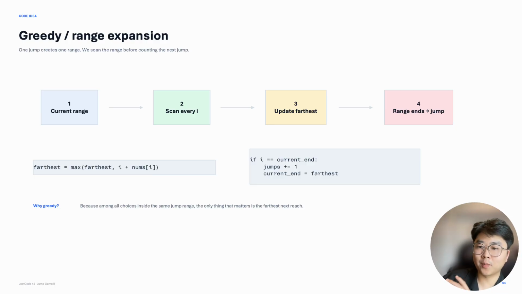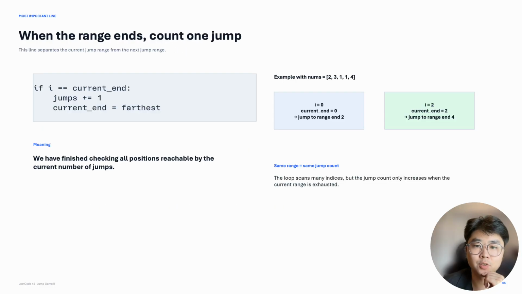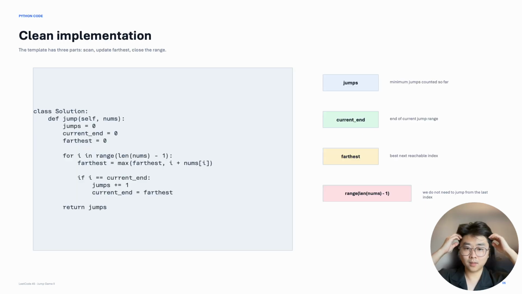It only cares about one question: from this current range, what is the farthest future we can open? These lines mean we have finished checking all positions reachable by the current number of jumps. So now we must count one more jump and move the boundary to the farthest. This is the soul of the problem.